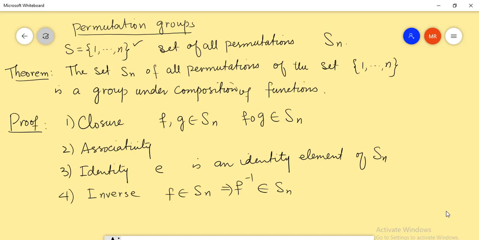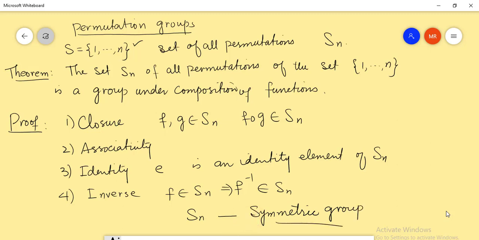With all this, we conclude that the set Sn of all permutations of the set 1 up to n is a group under the composition of functions. This group is called the symmetric group.